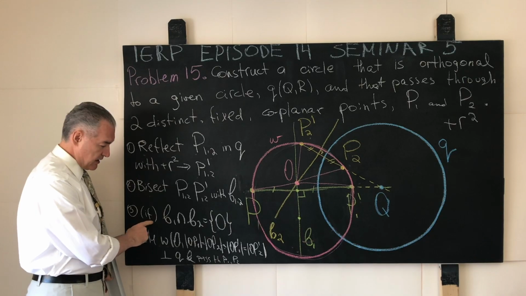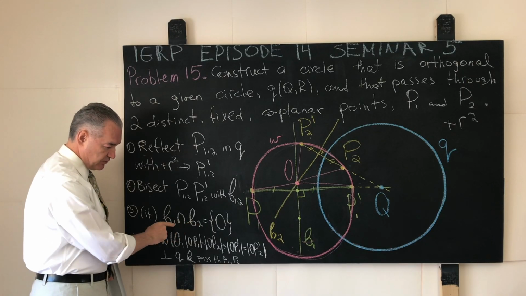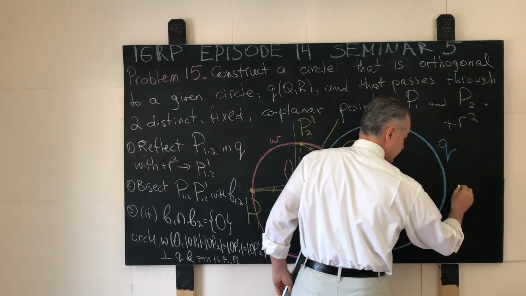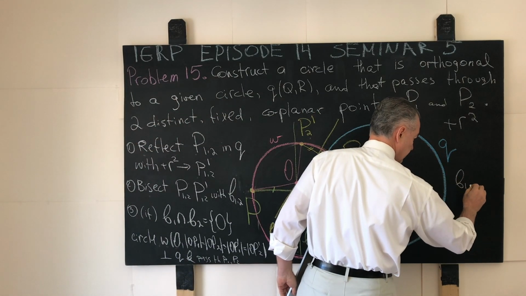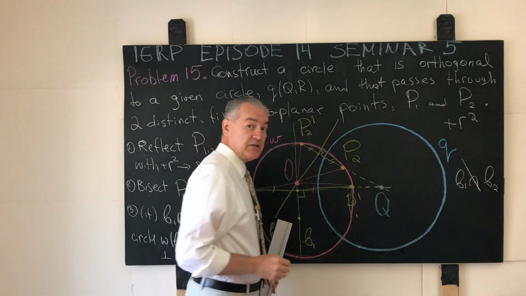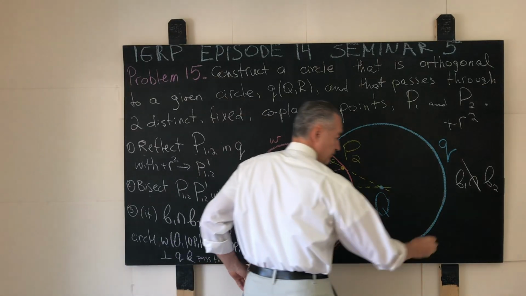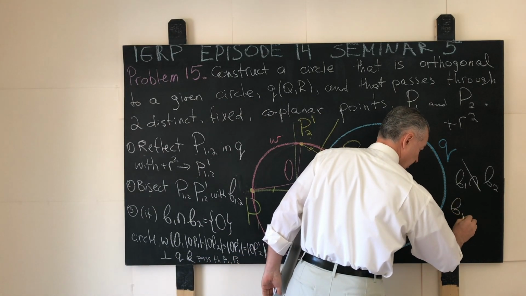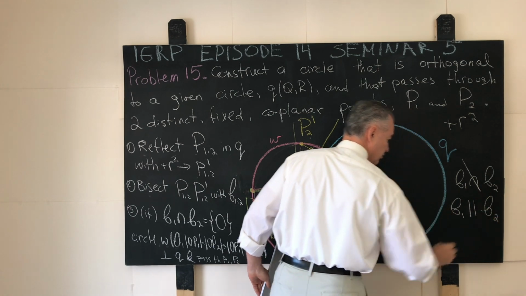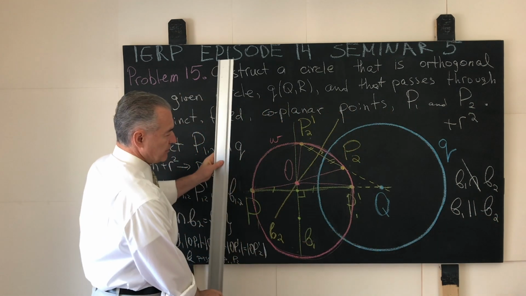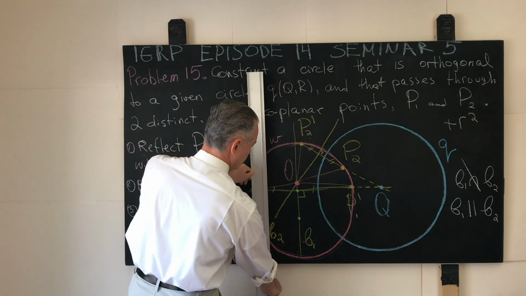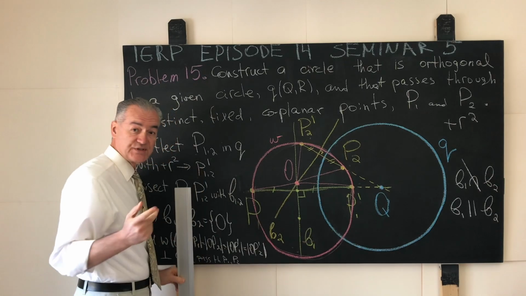What if the perpendicular bisectors B1 and B2 do not intersect? What does that mean? Well, that means that the perpendicular bisector B1 is parallel to the perpendicular bisector B2. And what does that mean?